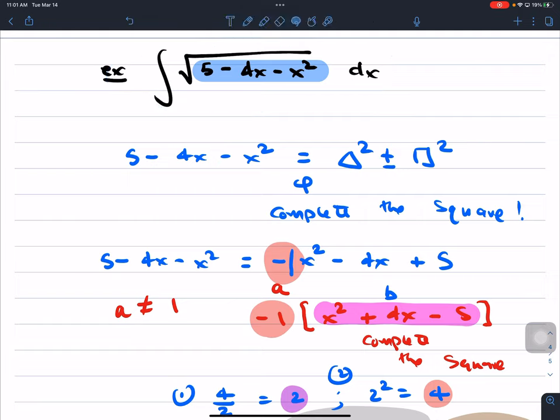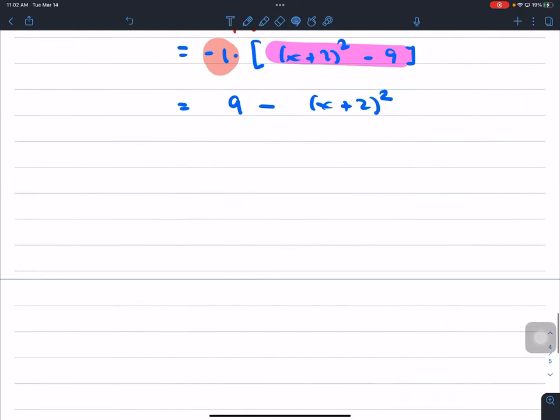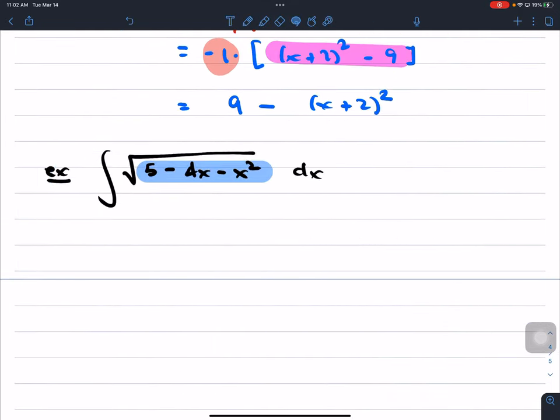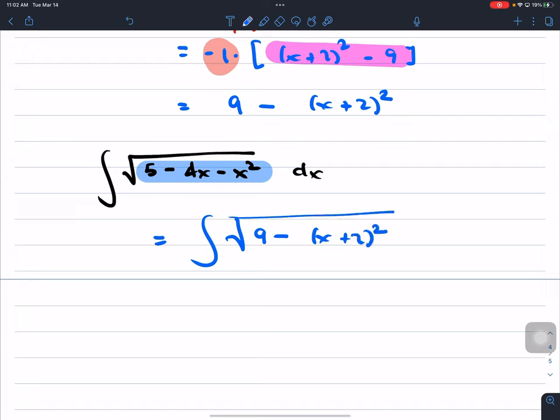So this question really becomes the integral of the square root of 9 minus (x plus 2) squared dx.